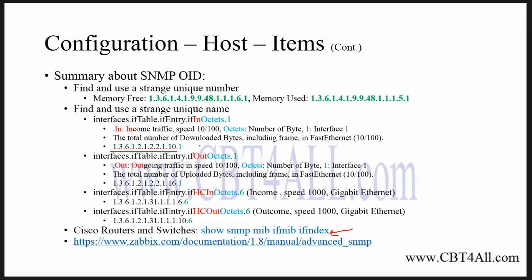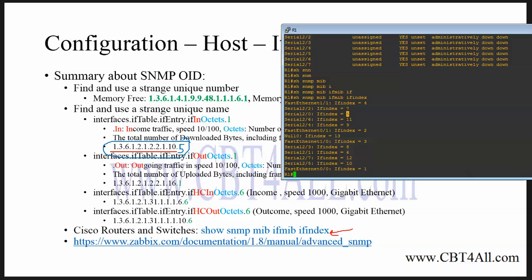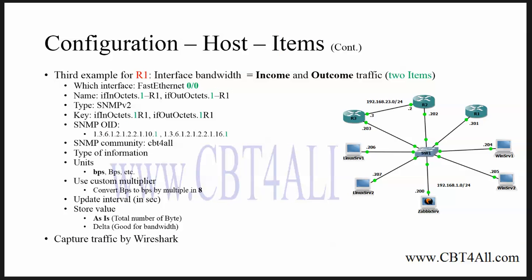I should use 5. So this number can now monitor the serial 2/0 on router 1. Does it make sense? Okay, let's jump in.